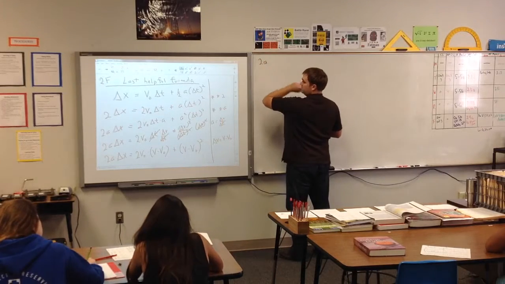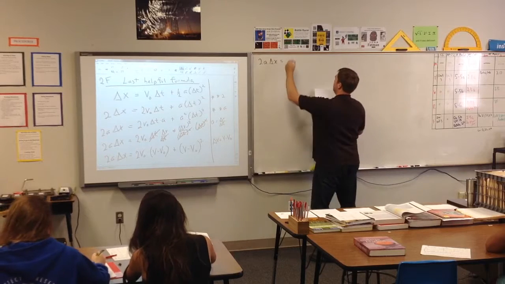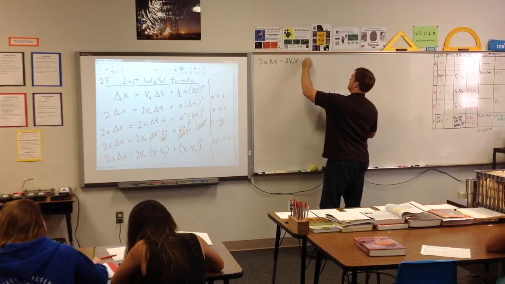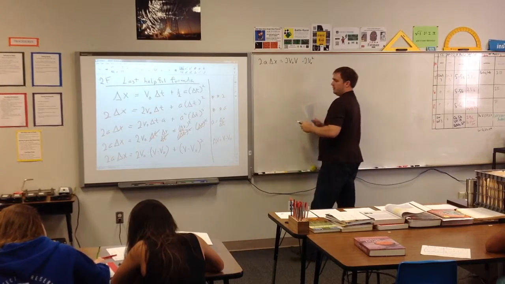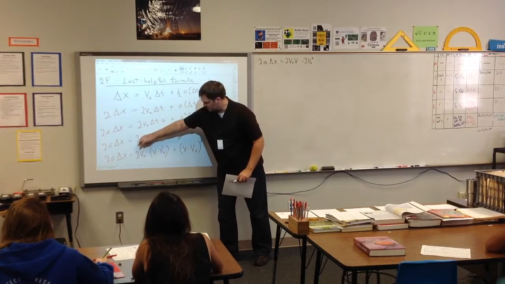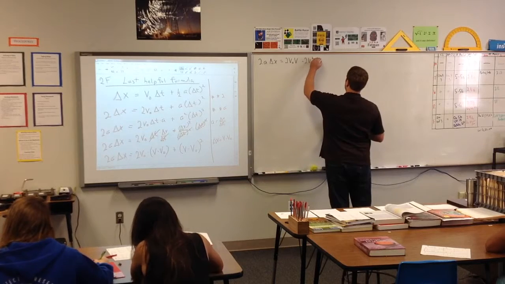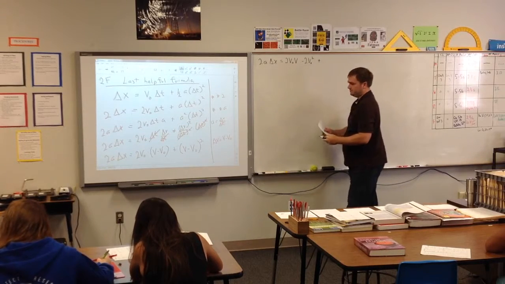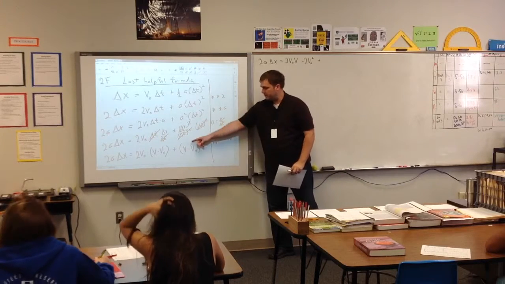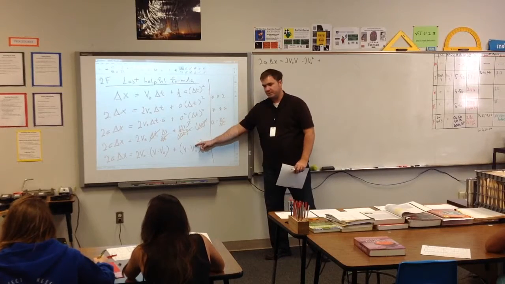So we have 2a delta x equals 2 v naught v minus 2 v naught squared, because we have 2 v naught times v minus 2 v naught times v naught, so that's v naught squared, plus here we have an a minus b squared, and if you remember, a minus b squared is a squared minus 2ab plus b squared.